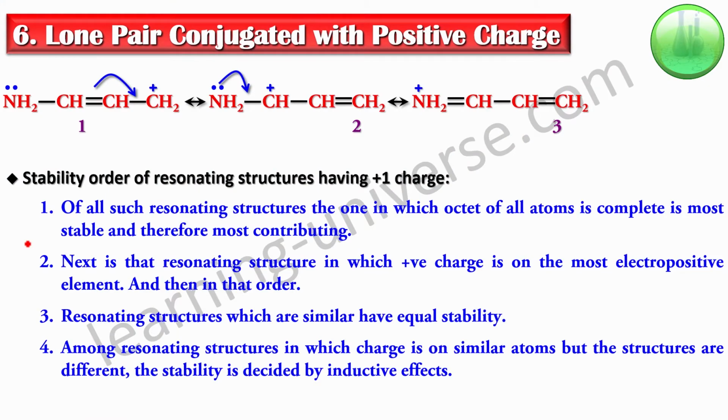So we are going to look at the inductive effect to determine the stability between 1 and 2 because they are not similar. And obviously 2 will be least stable because here N is highly electronegative and right next to C, whereas here the N is very far away. It is the third atom from C+. So 2 will be least stable. So it's 3, 1, 2: 3 because octet is complete, 2 because of the inductive effect.